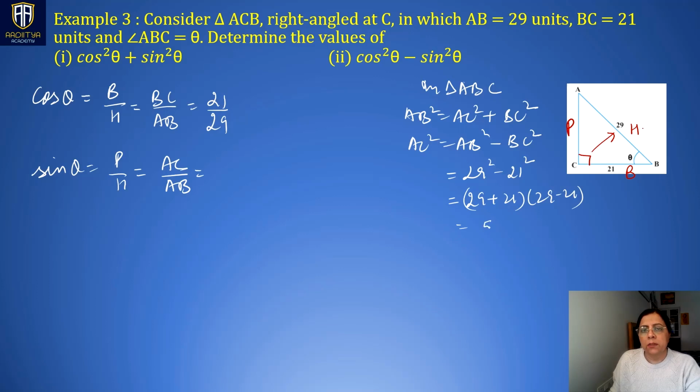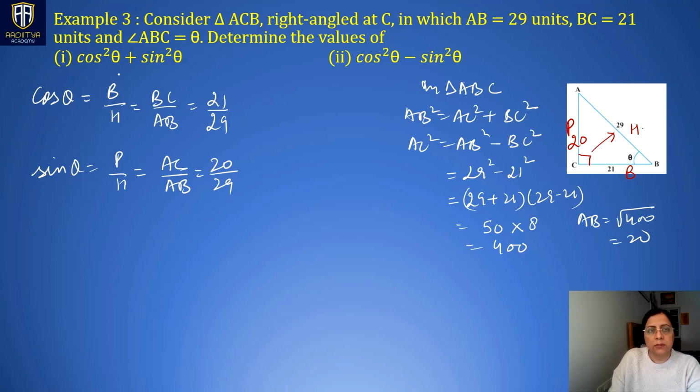This is 50 and this is 8. 8 5s are 40, 400. So AC becomes the square root of 400, that is 20. Right? So now we have found all the three sides. We can simply take the ratios and solve them. AC here is 20. AB is 29.